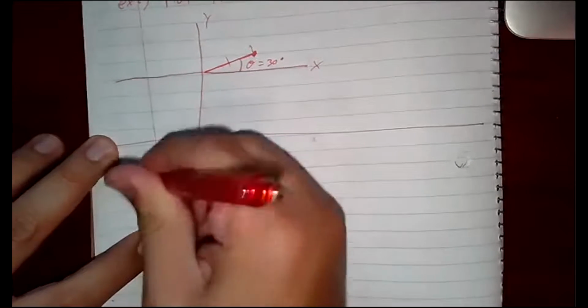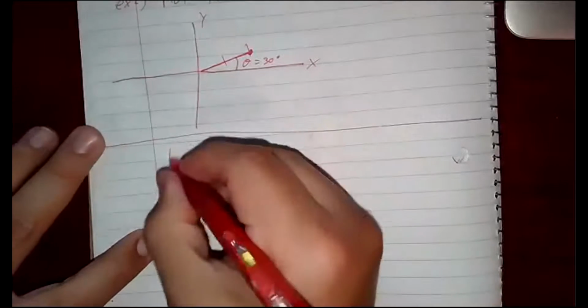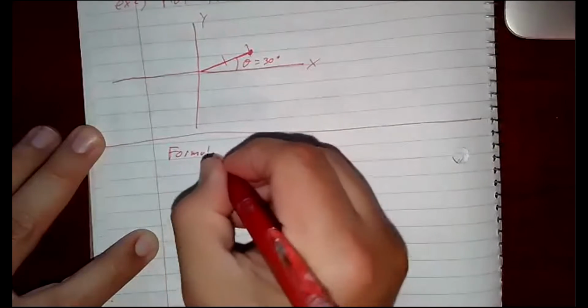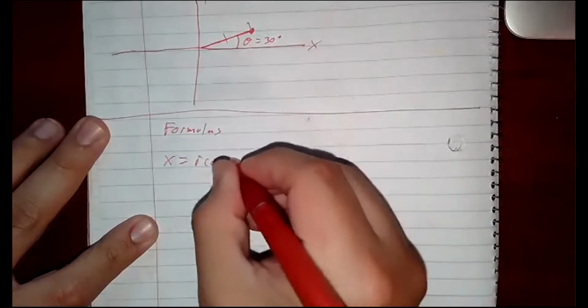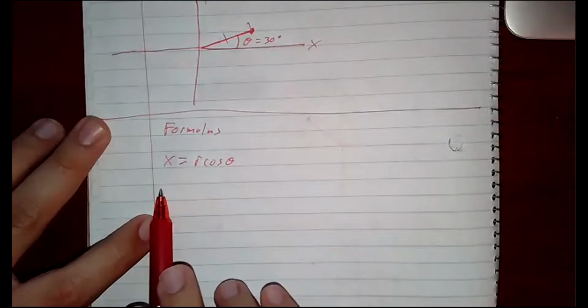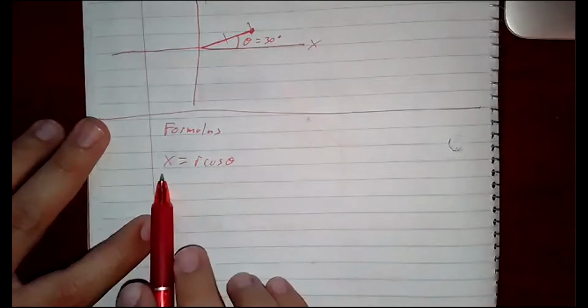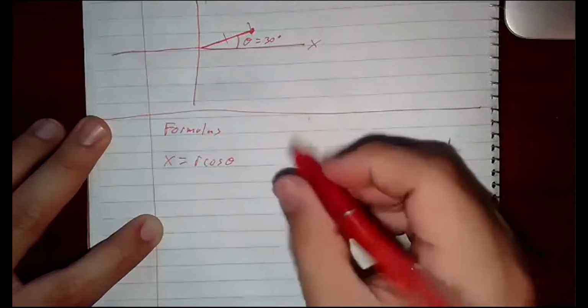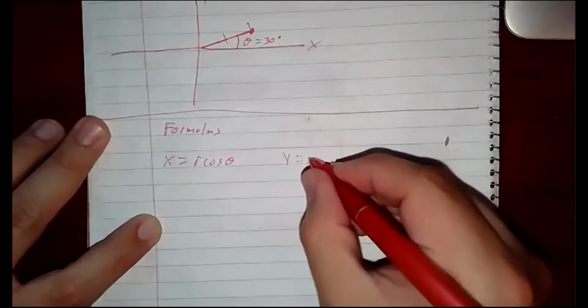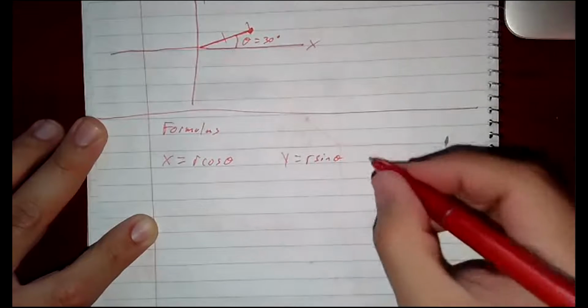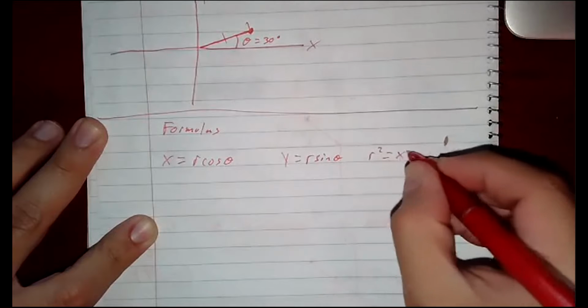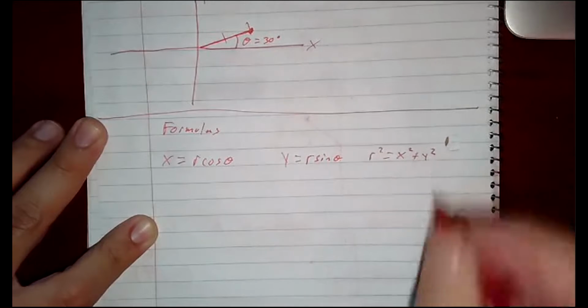Before we do the next one, you're going to need some formulas actually. So x is equal to r cosine theta. Remember how we said x over r was cosine, so really it's just solving for x. But either way, here they are if you don't want to think about it. y is equal to r sine theta. r squared is equal to x squared plus y squared.